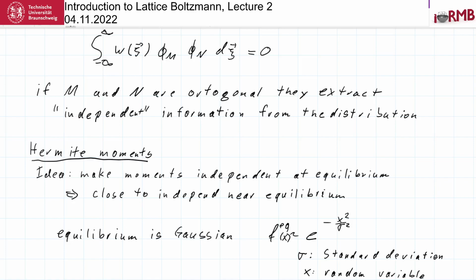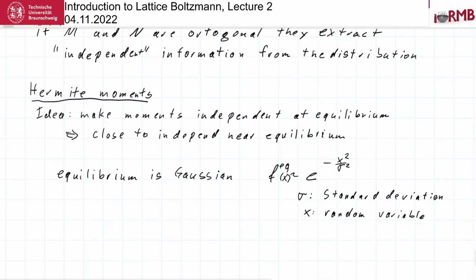So again, this does not necessarily have anything to do with the Boltzmann equation. Hermite moments can be derived for anything, in particular for things that are close to a Gaussian. And what we have here is a distribution that is close to a Gaussian.